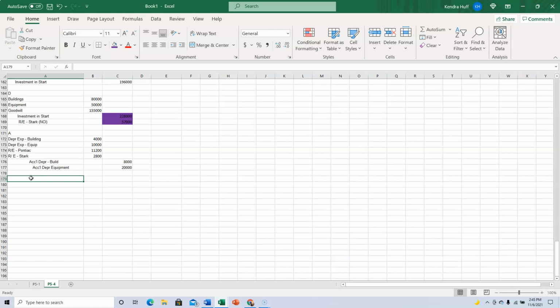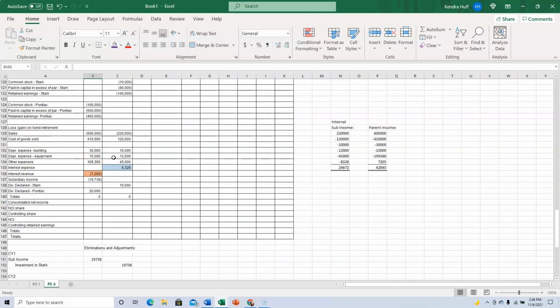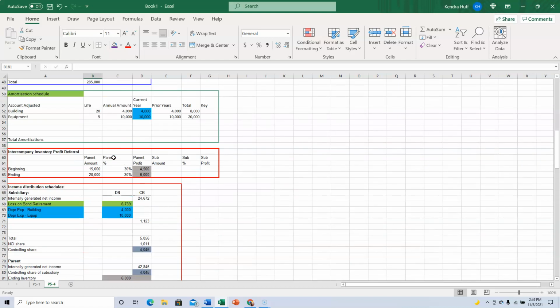All right, then I'm going to do my inventory entries. So I had a beginning inventory, and to take the profit out, oh, you know what? I forgot sales. I'll do that in a minute. We have retained earnings for the parent because the parent sold it for the $4,500. All this is coming from this little table up here.